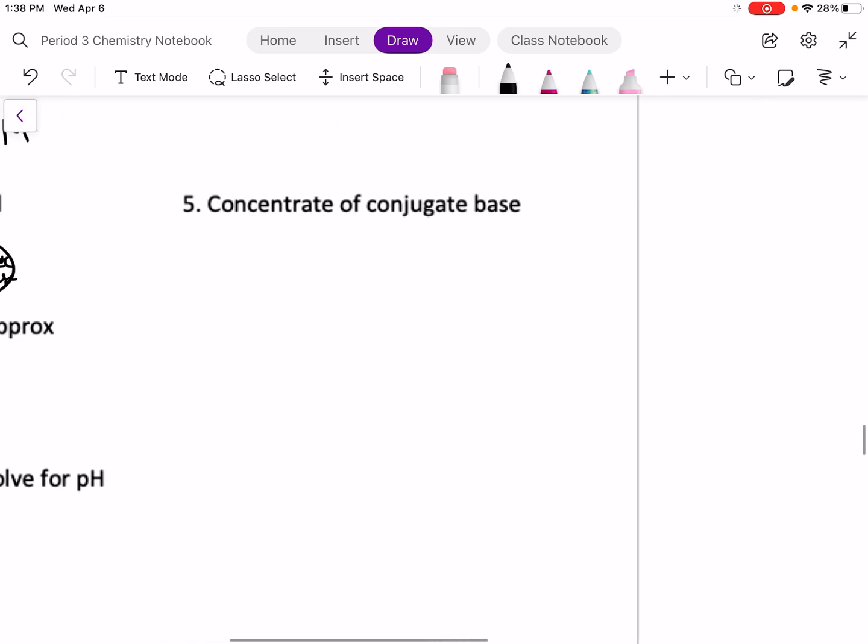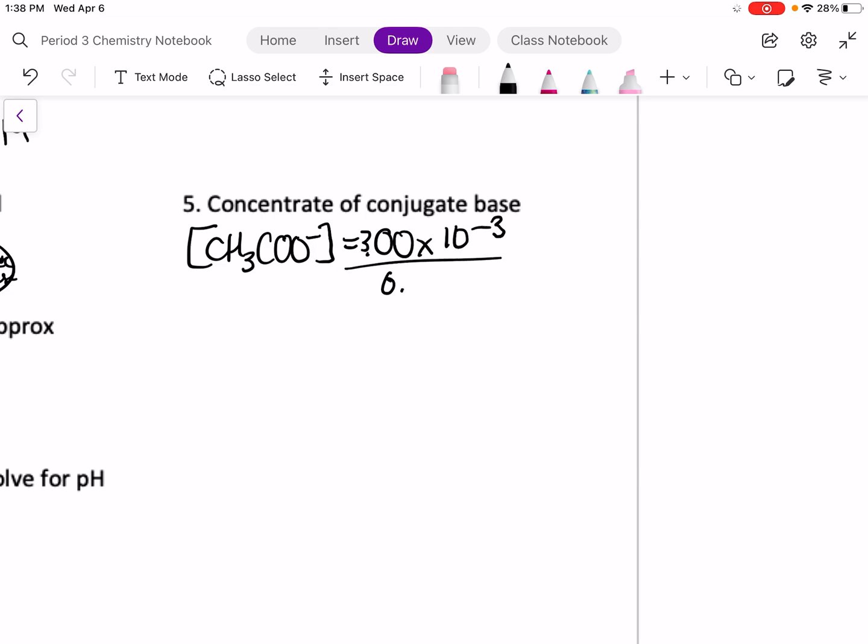Our new concentration of our conjugate base is equal to 3.0 times 10 to the negative 3 divided by our total volume, the same total volume as for our acid, and this gives us 0.100 as well.